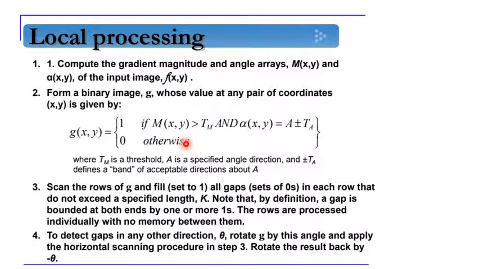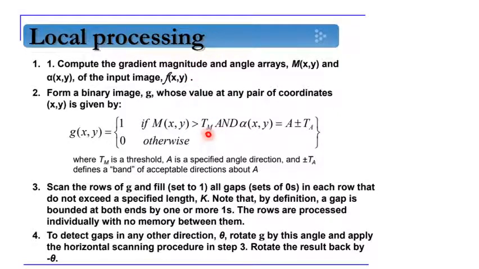G(x,y) will be set to 1 if the magnitude M(x,y) at any point (x,y) is greater than some threshold value Tm. This Tm can be decided as some percentage of the maximum pixel value in M(x,y). Once you calculate M(x,y), the gradient magnitude of the image, you can find the maximum value present in this gradient magnitude image, and then some percentage of that maximum value can be set as this threshold.